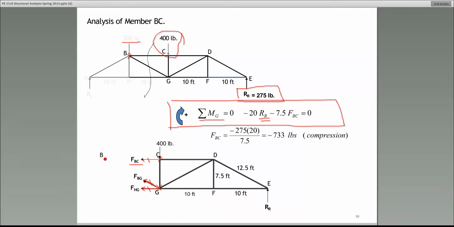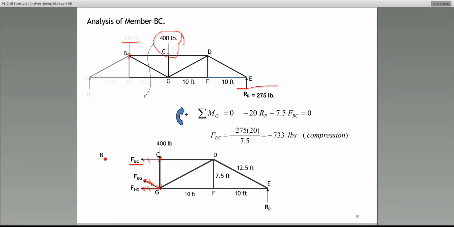The answer becomes 733. All right? Does everybody follow? You solve for FBC, and it comes out to be 733 pounds. Does everybody follow that or accept that the force in member BC is indeed 733 pounds?